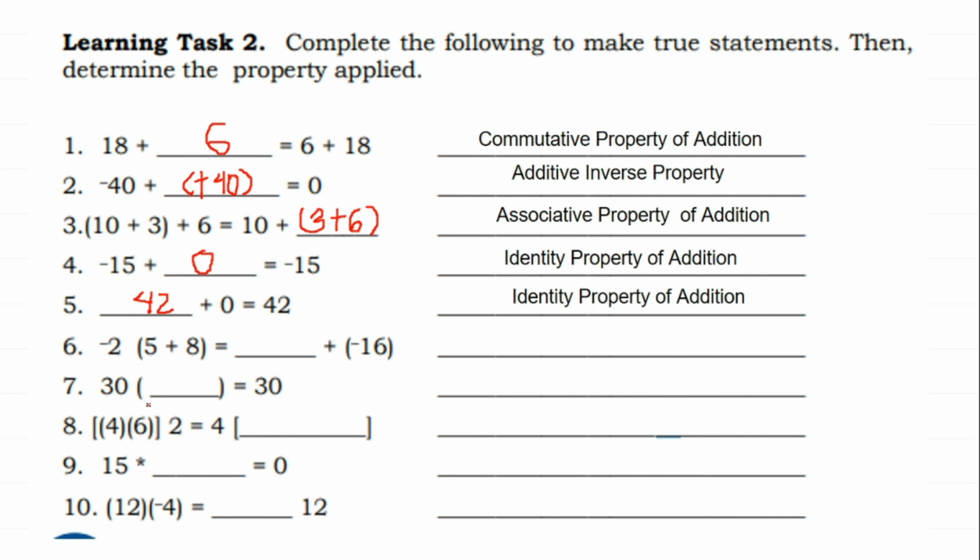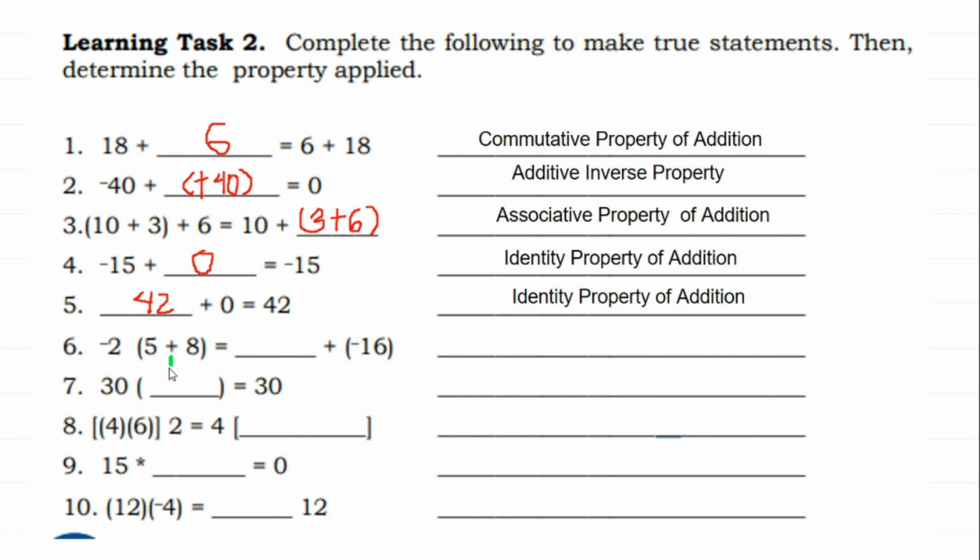Number 6 naman. Dito sa number 6 natin, we have negative 2 nasa labas multiply sa quantity ng 5 plus 8. Nakagroup si 5 plus 8, tapos tsaka lang daw natin siya i-multiply sa negative 2. Okay? Is equal to blank plus negative 16. So, tingnan natin. Kapag inadd natin itong dalawang to, unahin natin, that will give us 13. Tama?